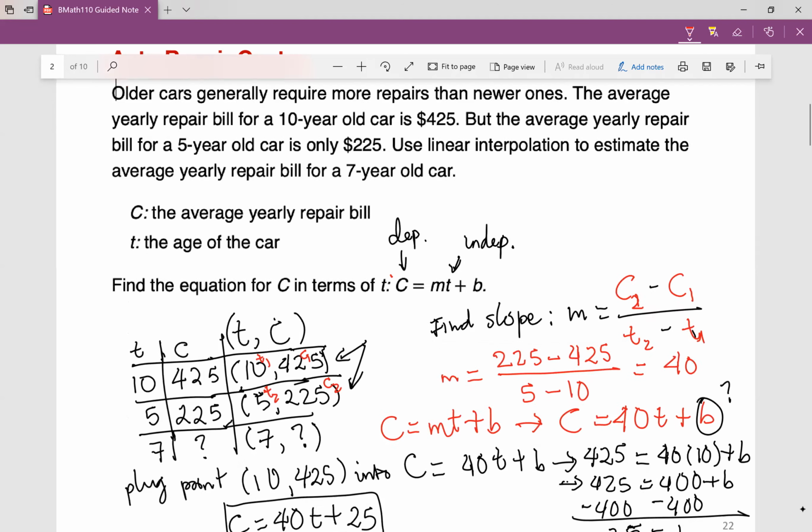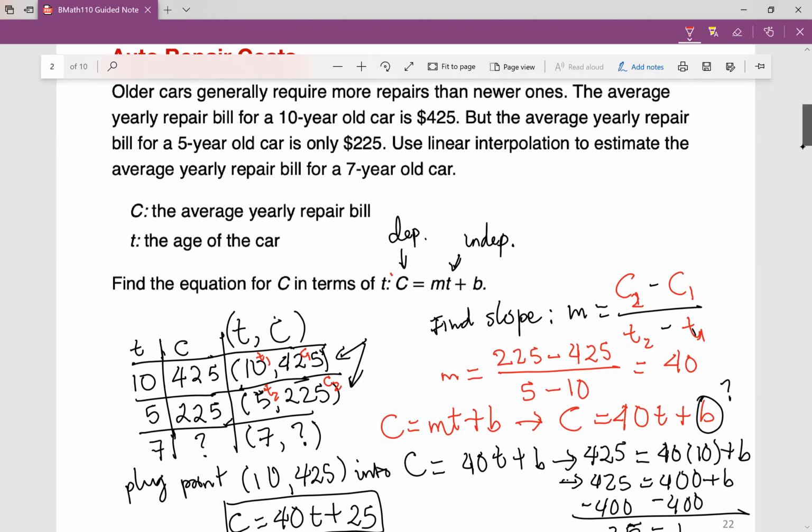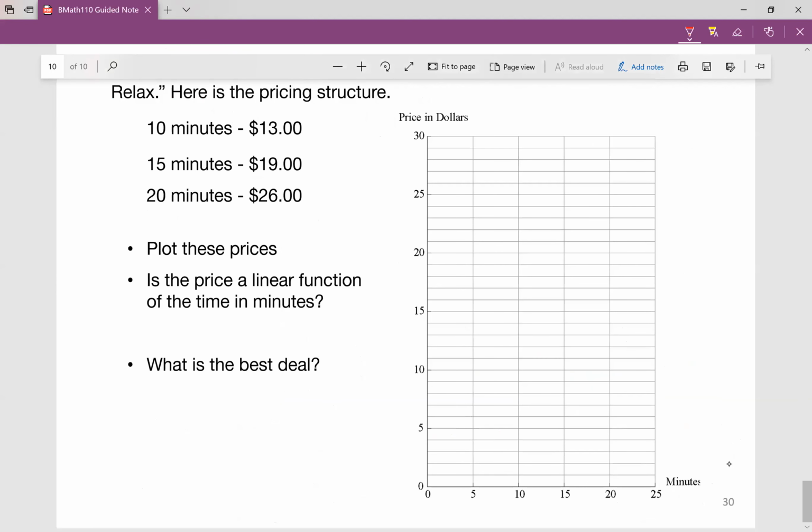Okay, so I'm going to have 10 and 13. 10 minutes was here, 13 was dollars. So that's 13. 1, 10, 11, 12, 13 here. So 10 and 13 is one point.